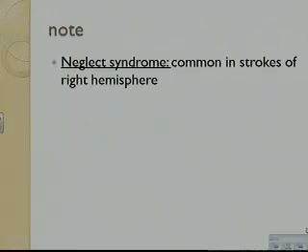And wherever the stroke is located, the opposite side of the body is usually the side that you see affected. So this is happening in the right hemisphere, which means usually the people don't even know that other side of their body exists because they cannot perceive it, they cannot kind of see it.